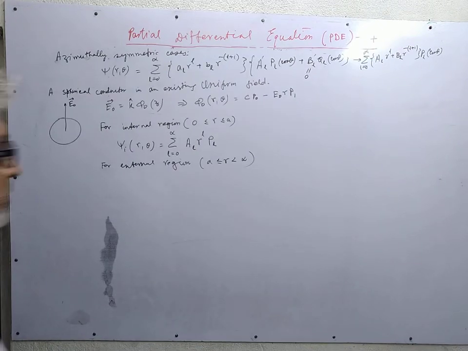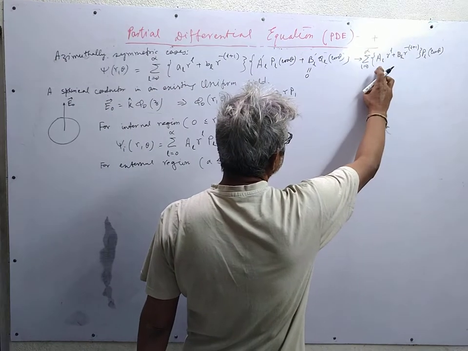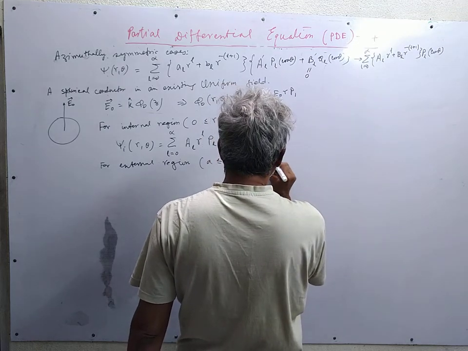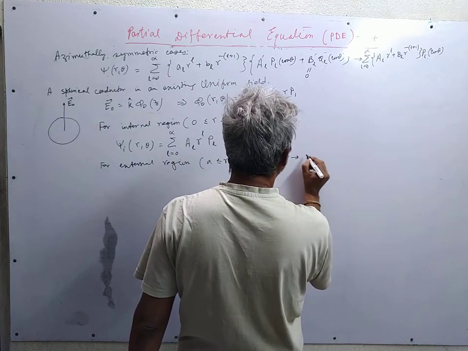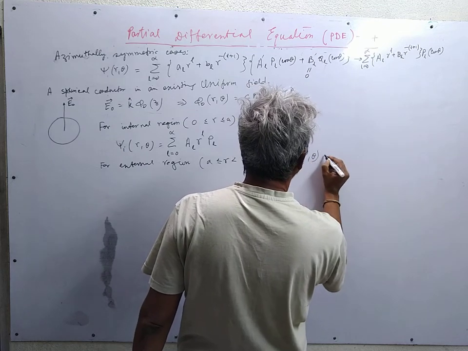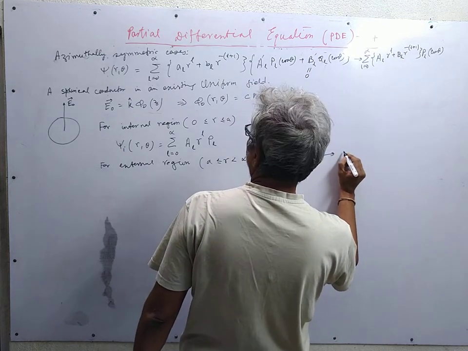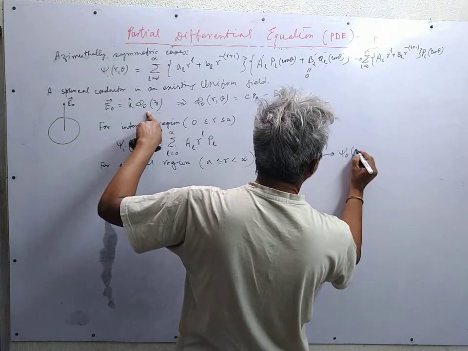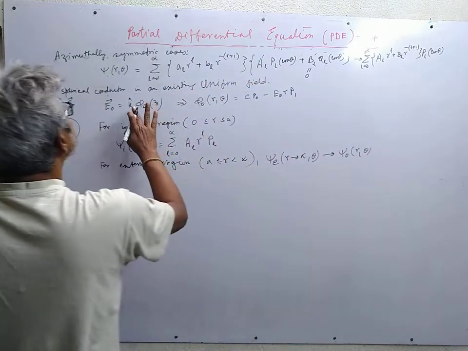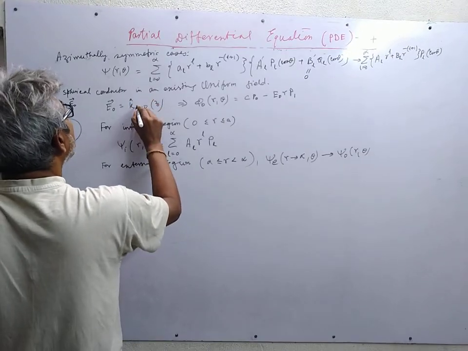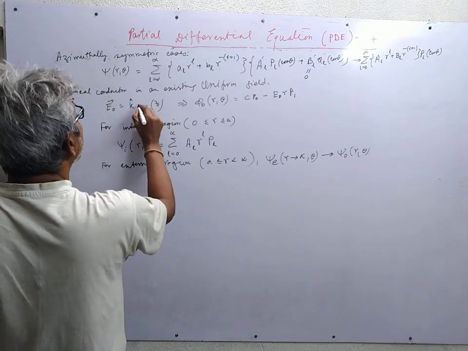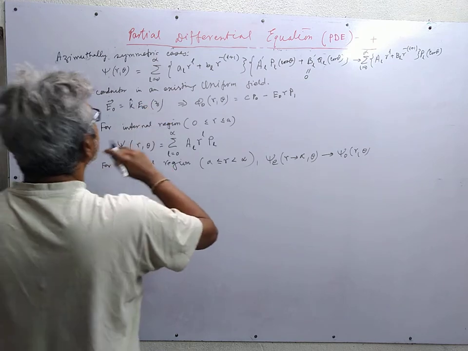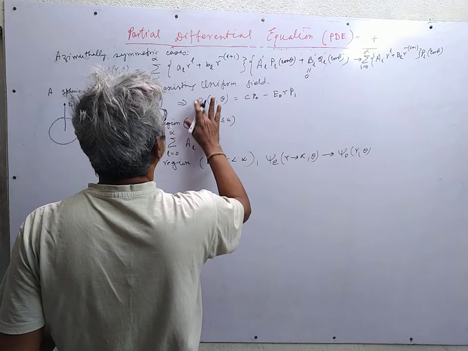As r tends to infinity, there may be a divergence arising out of this form, and we have phi external, as r tends to infinity for all values of theta, must tend to phi 0 of r, theta, that is C minus E0 r cos theta.